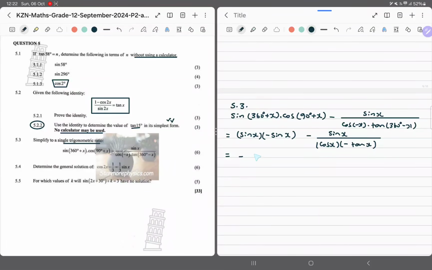So this is minus sine squared x minus sine x over cos x into tan x, which is basically sine x over cos x using the tan identity.